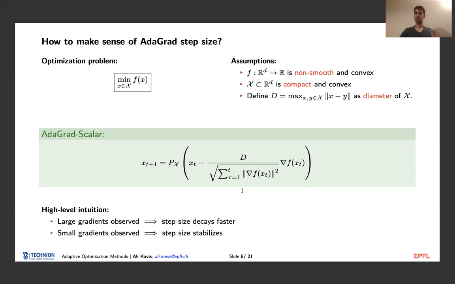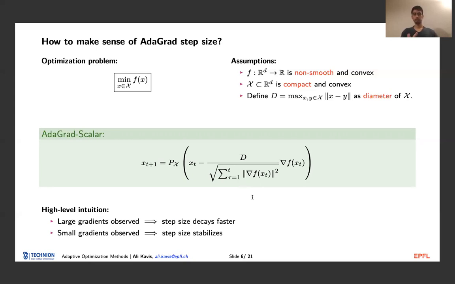So AdaGrad tames the step size in the presence of large gradients. And the opposite is also true. If we have small gradients, our step size does not become very small; it stabilizes, so that with small gradients, we can still make progress without decreasing our step size any further.